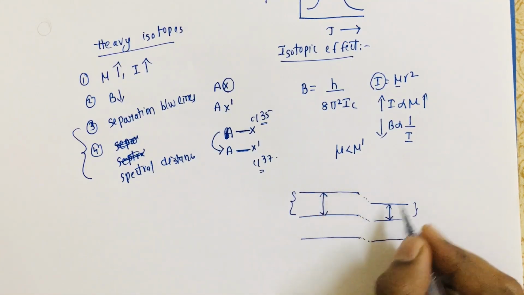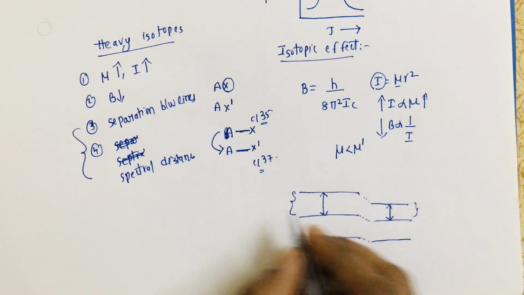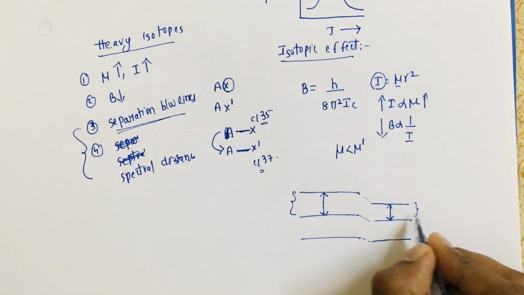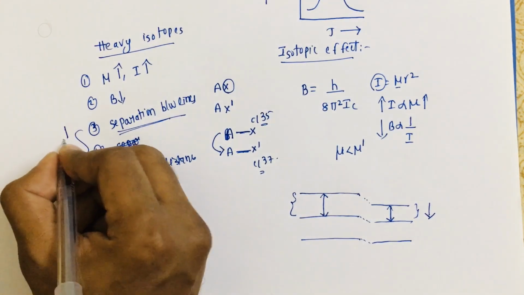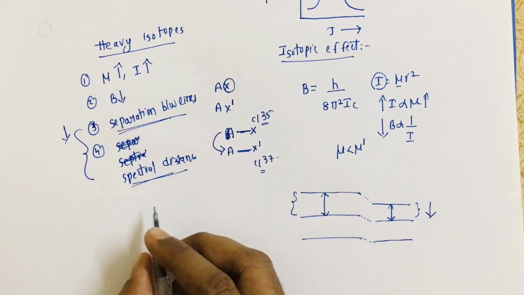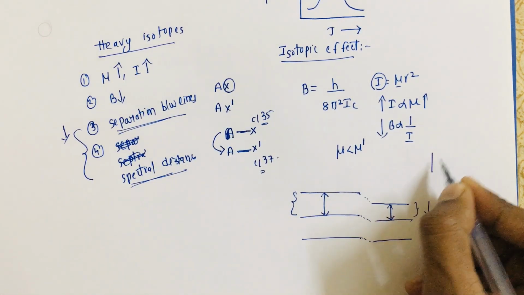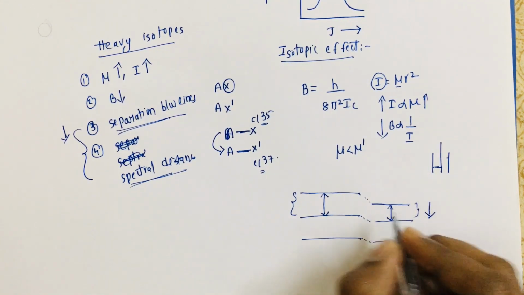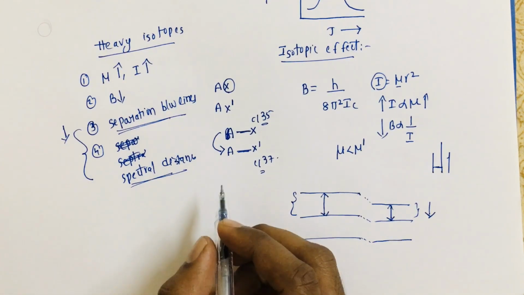As we can see in both cases, the separation is decreasing upon introducing the heavier isotope. And what about the spectral distance? Spectral distance is nothing but this distance. This distance also decreases upon introducing the heavier isotope.